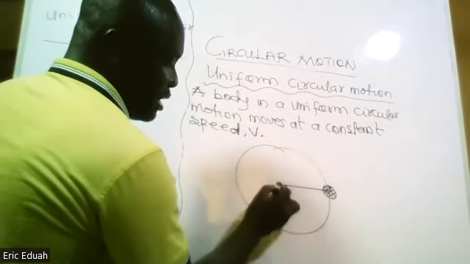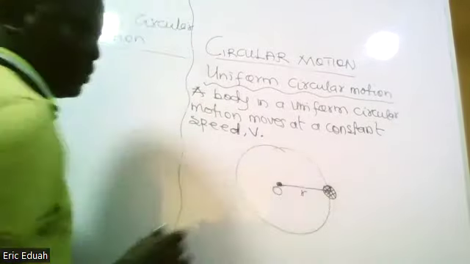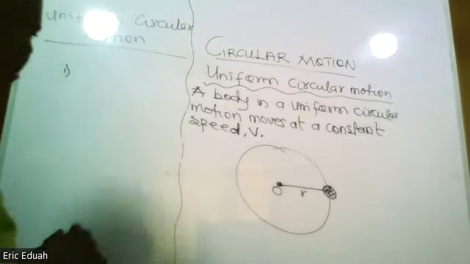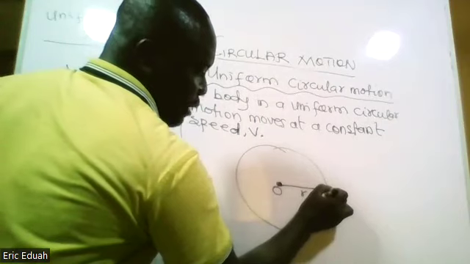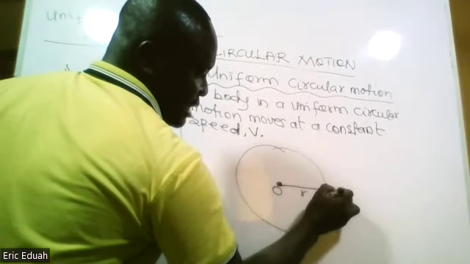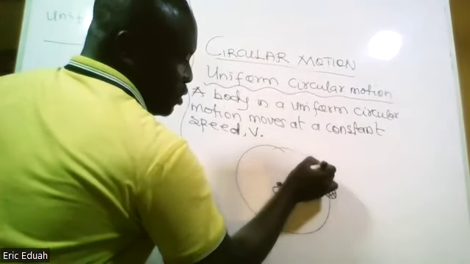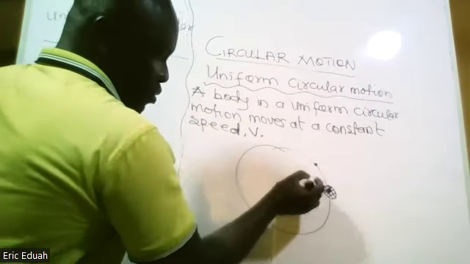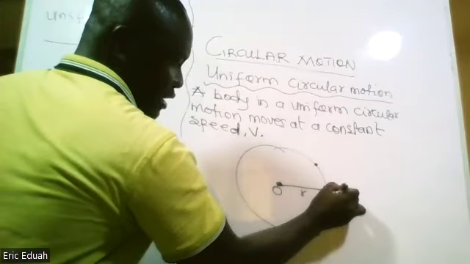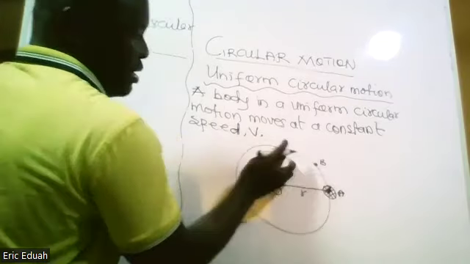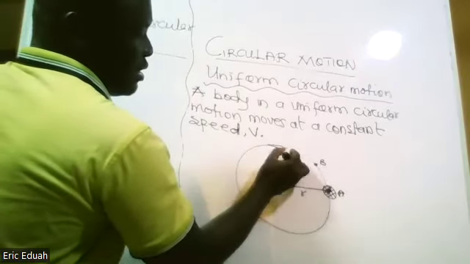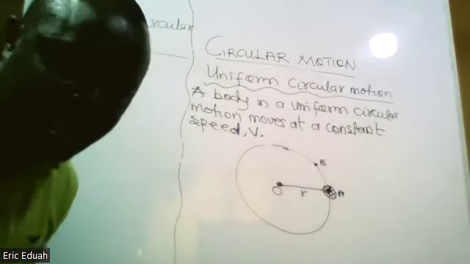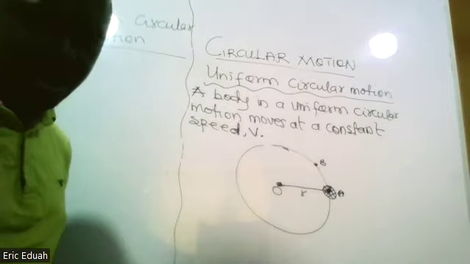Instead of C, let me make it O, origin. This is the radius. Now, for the body to move from its initial position to any new position, A, B, C, on and on, means that the body is in circular motion.